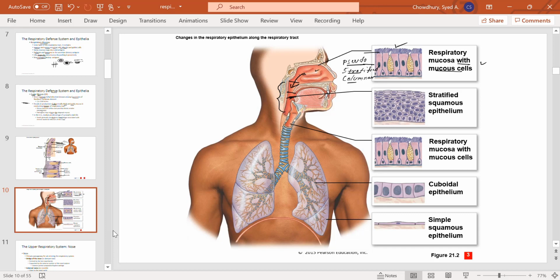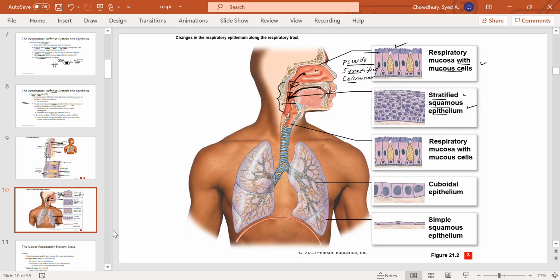However, the middle part, you see the food enters into this middle part through the oral cavity, and that's why the chance of friction is high here in the wall. So remember, where the chance of friction is high, the lining is stratified squamous, many layers of squamous flat cells, not pseudo-stratified ciliated. So the air passes through this middle portion, which is the oropharynx, as well as the food passes, right?